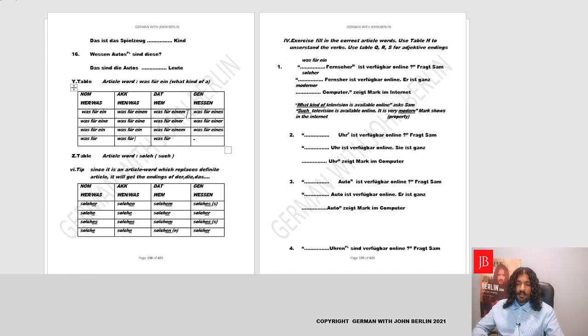Now it could also be with what kind of, when sometimes you use a dative preposition, like in German at least, where you begin with mit, which is dative, or any other preposition which we'll be learning in the future. If it's dative, your article word will become dative. That means, with what kind of a computer do you work? Mit was für einem Computer arbeitest du? So you have was für einem, was für einer, was für einem, and was für.